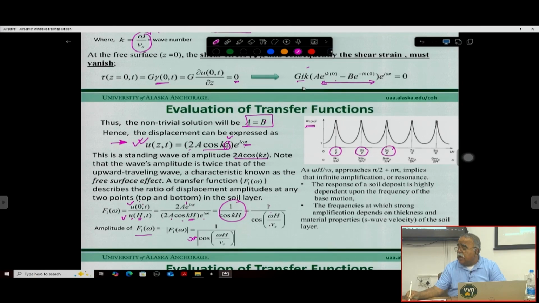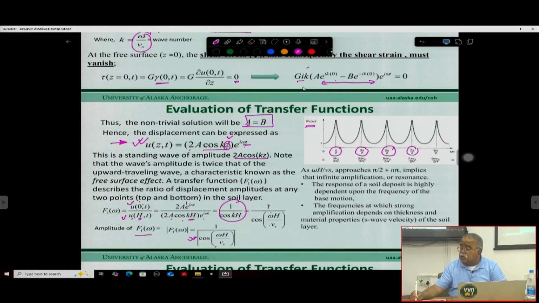So at each odd multiple of pi by 2 you will get a peak. From this peak, if you know vs, you can find out the depth of the soil column, right?